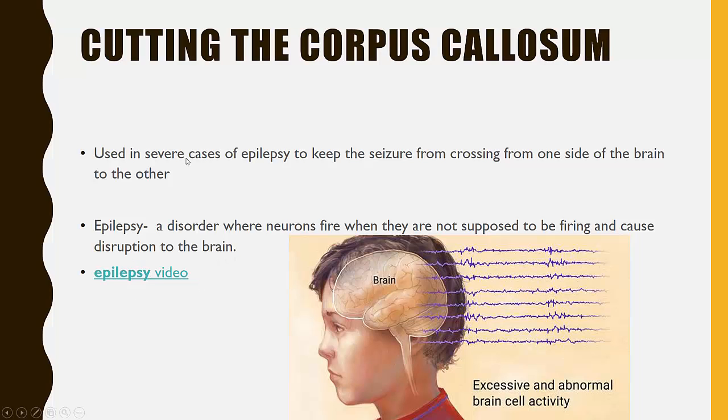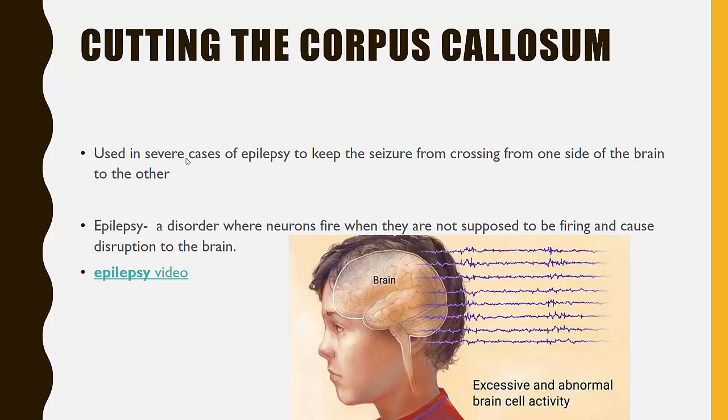Here's the way that I act it out in class. Imagine your neurons are firing at a certain rate, like this. But then all of a sudden, we just don't quite understand why, there'll be an epileptic focus, and this cluster of neurons will start firing for no reason, out of sync.